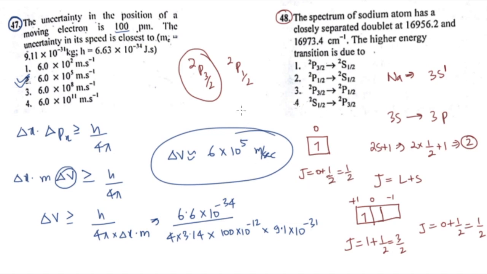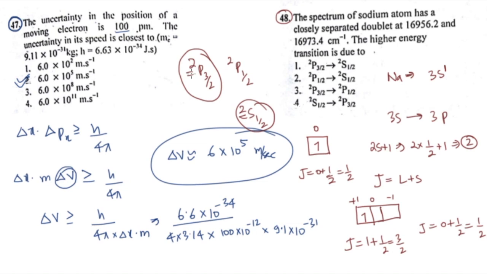So the ground state, where the electron will be in s orbital, at that time it will be 2s1/2. Okay, this 2 comes from the spin multiplicity, remember. So spin multiplicity is not getting changed. So if the question says the higher energy transition, the transition will have higher energy.